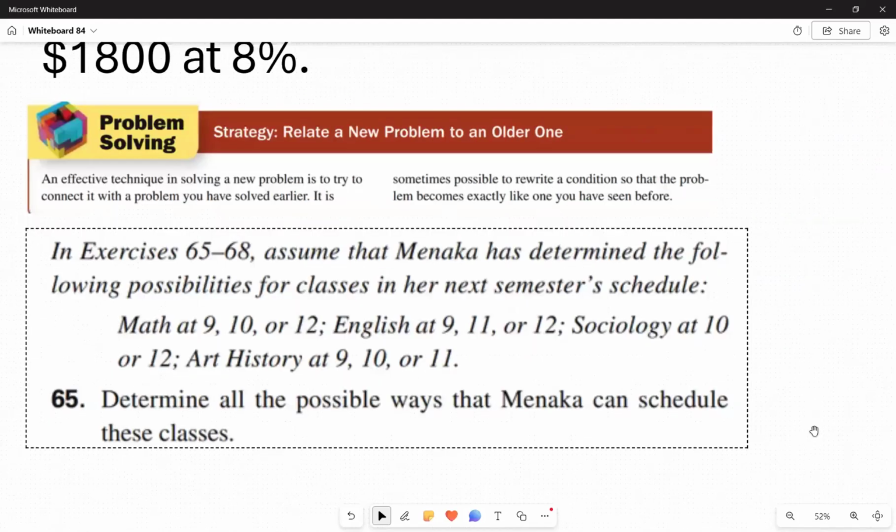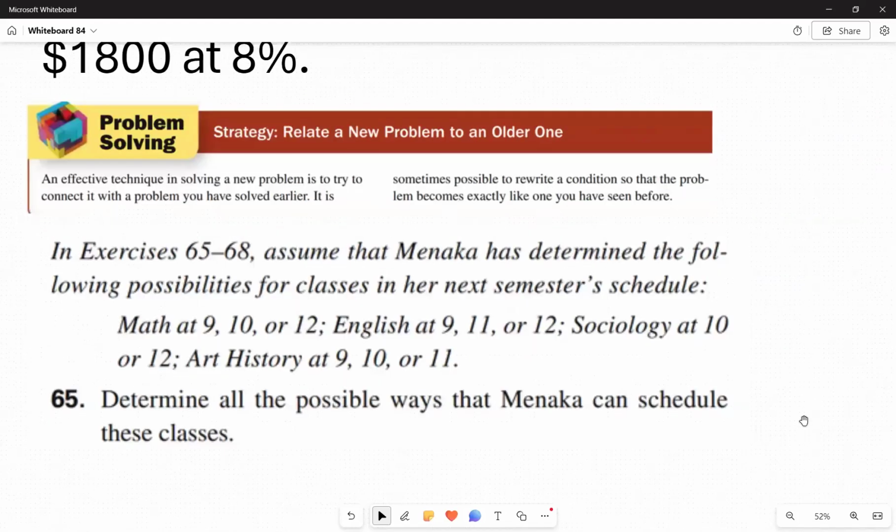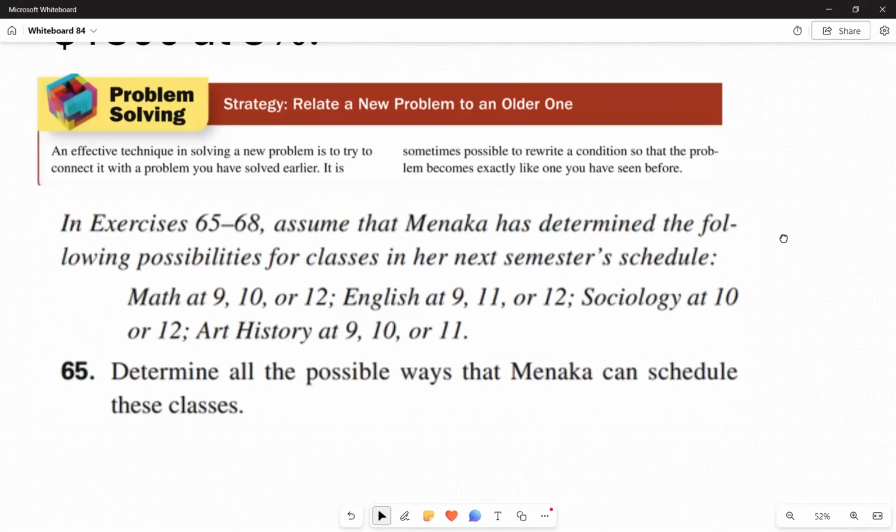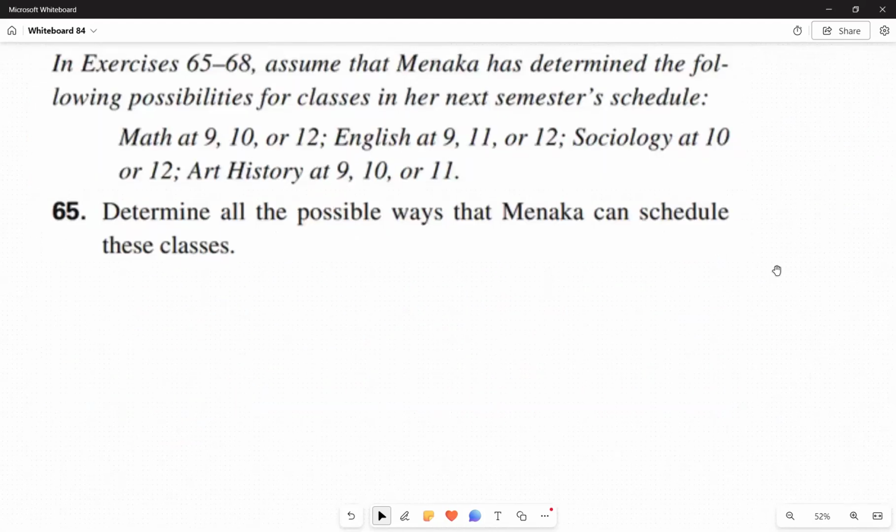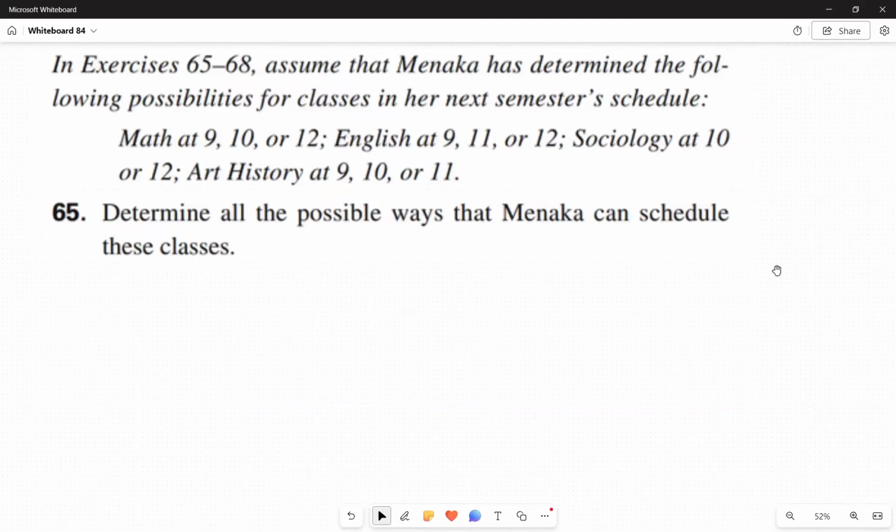Okay, we're doing number 65. In exercise 65, assume that Menaka has determined the following possibilities for classes in her next semester schedule. She can take math at 9, 10, or 12, English at 9, 11, or 12, sociology at 10 or 12, and art history at 9, 10, or 11.